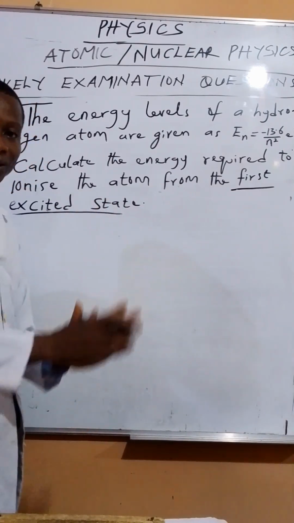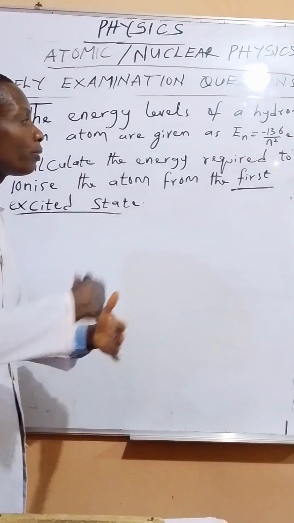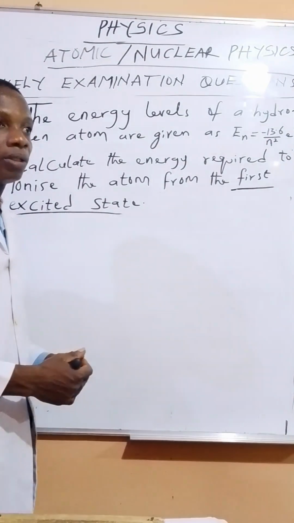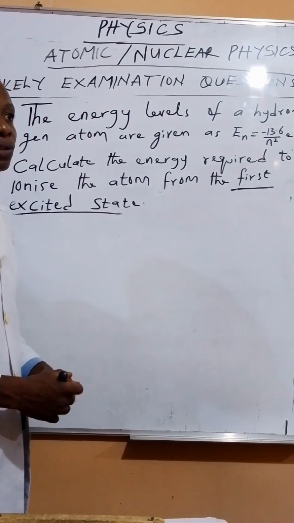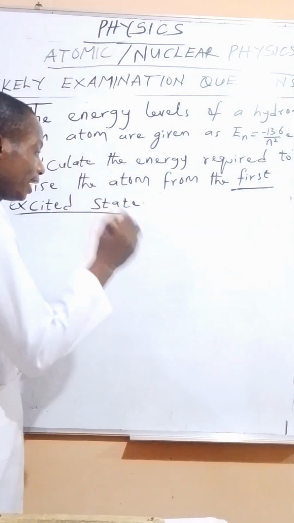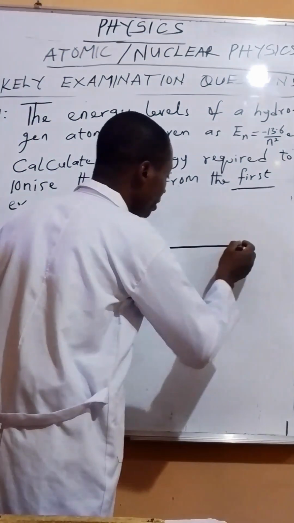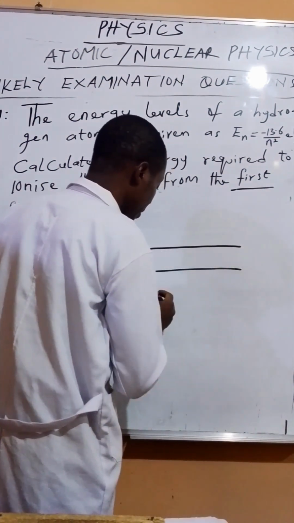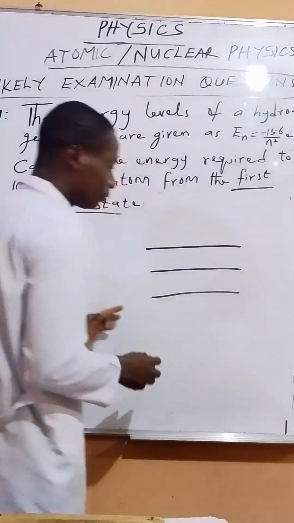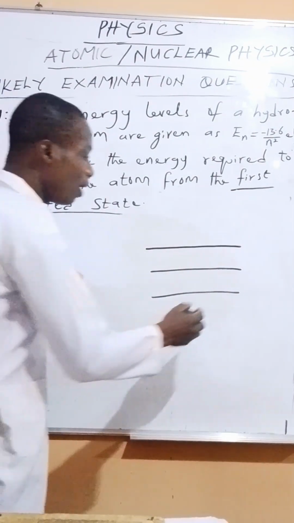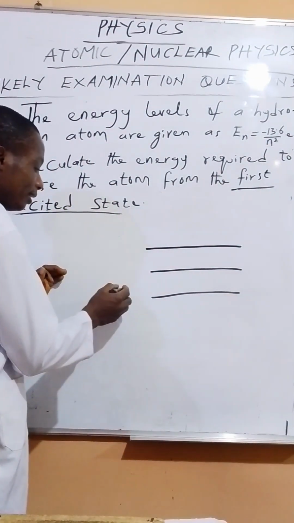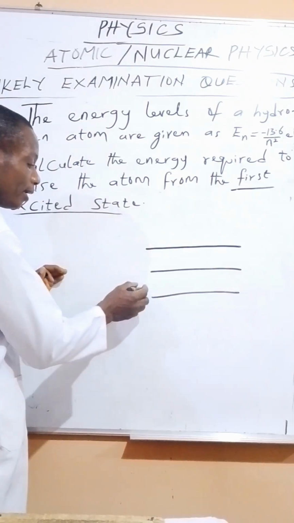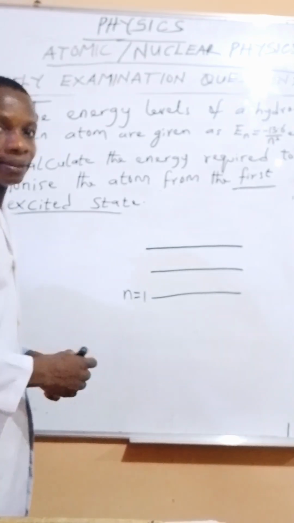Now, in hydrogen atoms and other atoms too, there are energy levels. What are the energy levels? The energy levels are simply represented by lines. Now, the first line is represented by n equals 1.